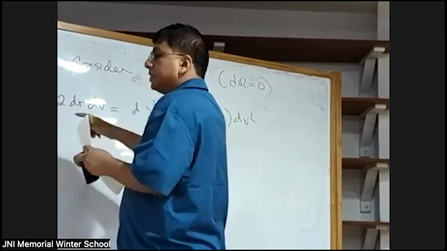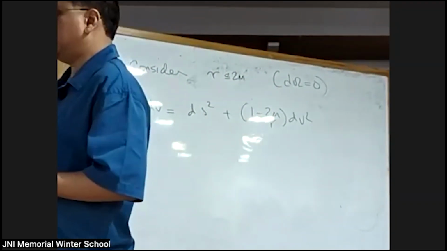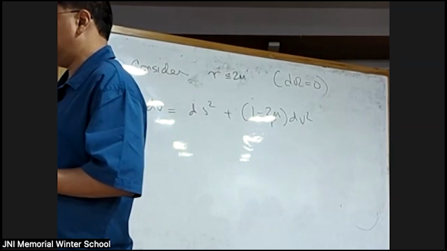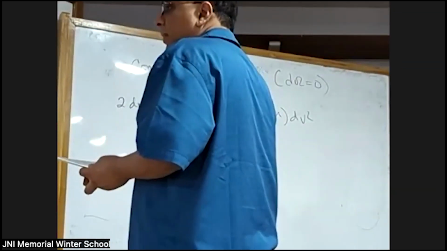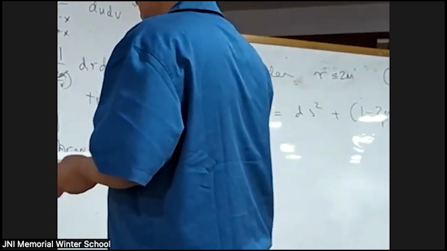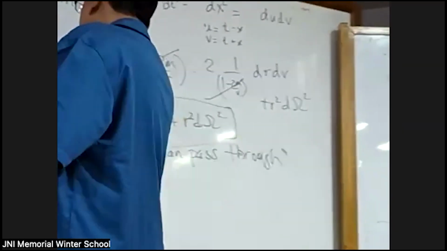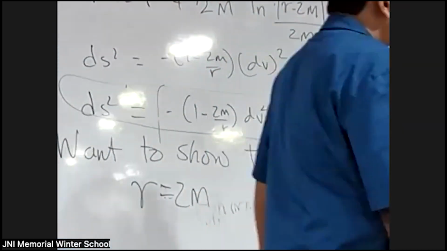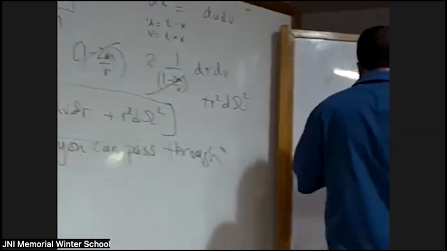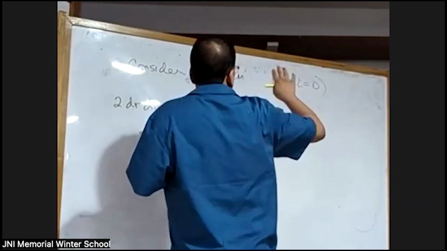So all I did was I took the ds squared on this side, and I moved this guy to that side. And I dropped the d omega squared because I'm saying it's a radial geodesic.